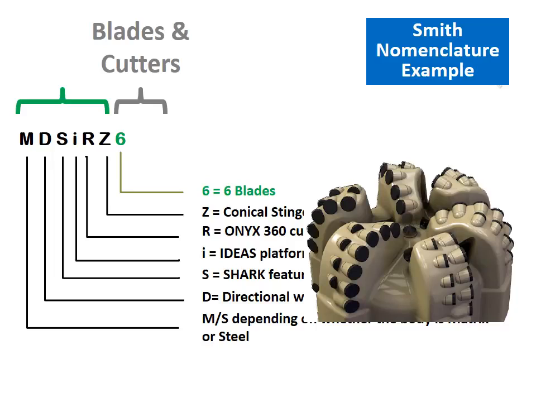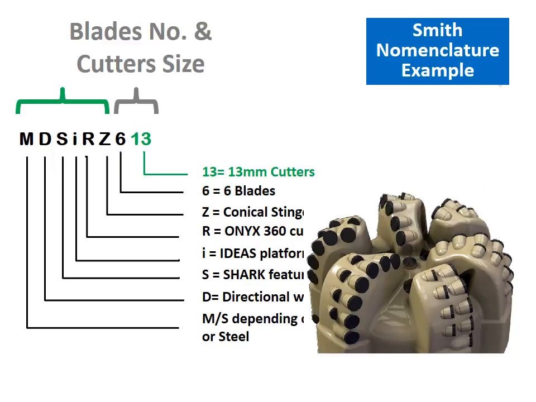When it comes to the numbers in the middle part, for Smith products the first number represents the number of blades, so 6 means 6 blades. For Smith products, the next two numbers represent the cutter size directly in millimeters. For other companies, as I said before, it is a code and will be explained later.